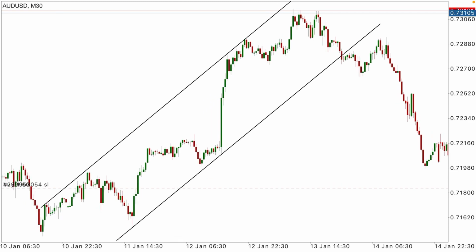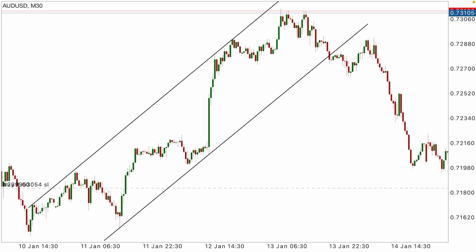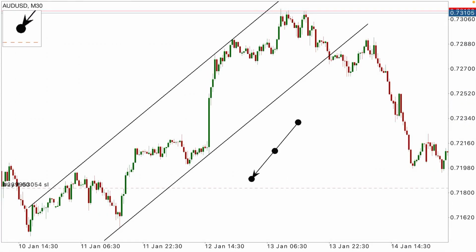Right, so for today I'm combining the channel chart pattern with the trend lines, and also the demand and supply zone. Now you see, this is a beautiful case. In this case, we see a channel. The price was actually moving in a channel.